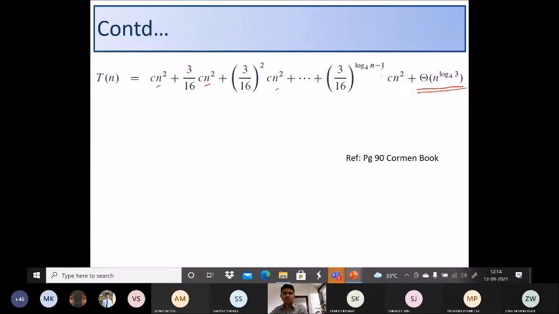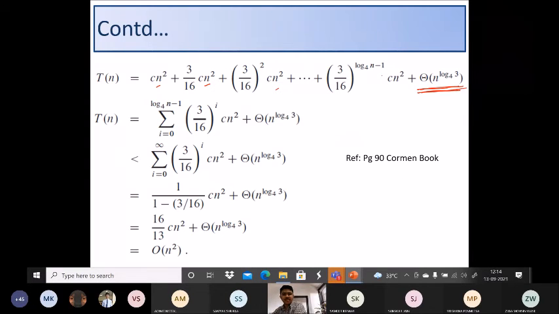That's why it is written log 4 n minus 1, plus the cost of the last step. Fine up to this. Now find out the total value. So it should be the sum for i equal to 0 to log 4 n minus 1 of (3 by 16) to the power i cn squared, plus this term.